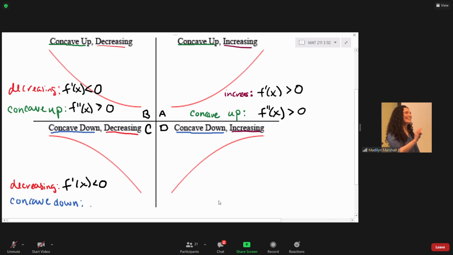If the graph is concave down, now our second derivative is less than 0. So f double prime is less than 0. So in this case, both are less than 0.